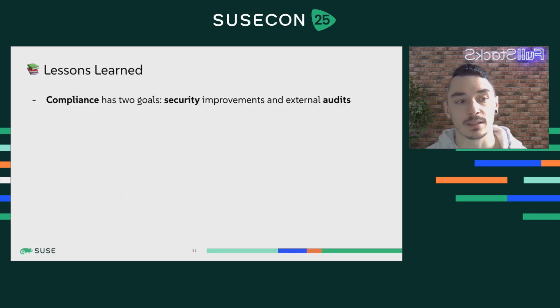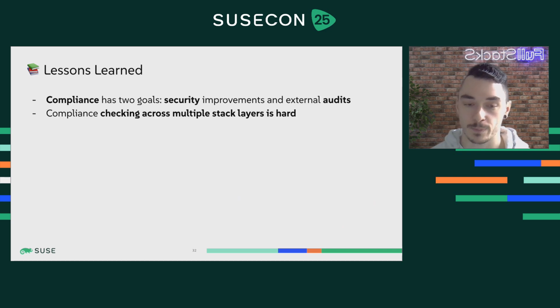All right. So the lessons learned for us were that compliance usually has two goals. The first is to improve security for your internal organization. And the second is to be able to provide a report for external audits. Compliance checking across multiple stacked layers is particularly hard.